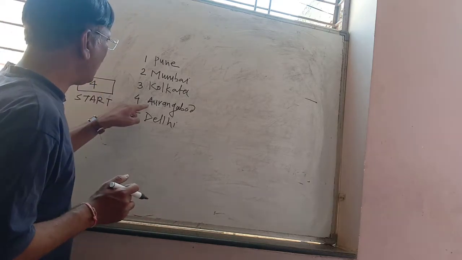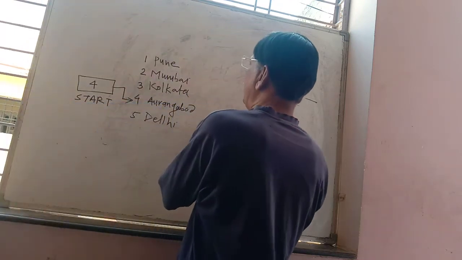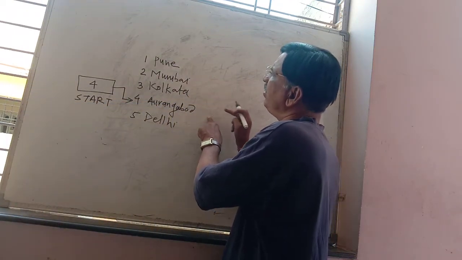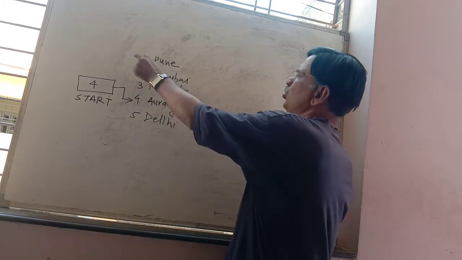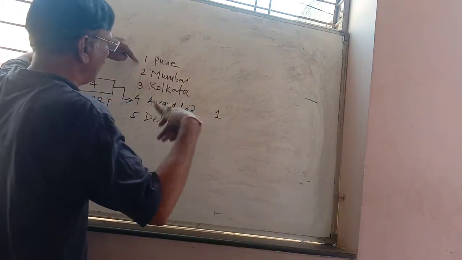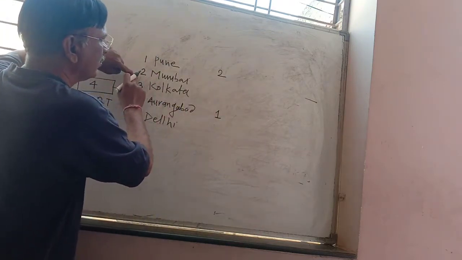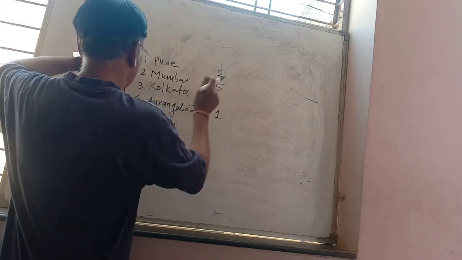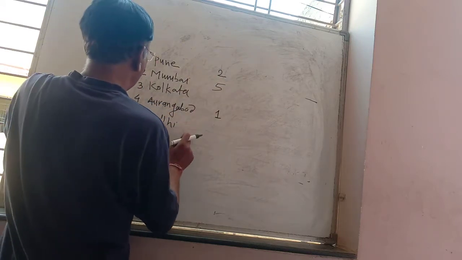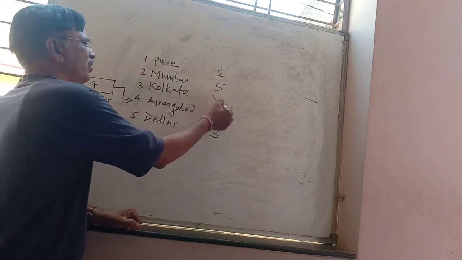If start is equal to 4, then who is the next element? That is given by the link field, say 1. So 1 is Pune. After Pune there is the next element, Mumbai. After Mumbai there is the 5th element, Delhi. After Delhi there is Kolkata, 3. And after Kolkata, there is no element.